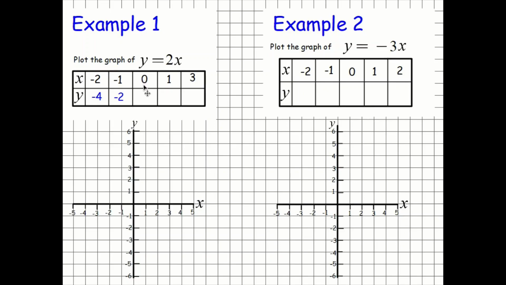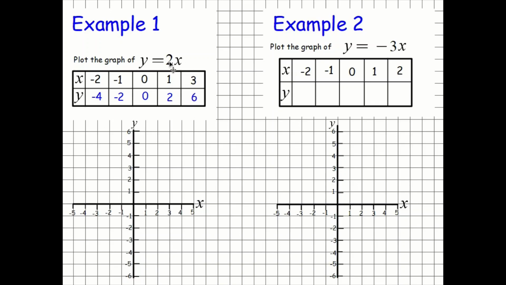If I put 0 into here, I'm going to do 2 multiplied by 0, which is just 0. If I put x is 1 into here, it's 2 multiplied by 1, which is just 2. And then if I put 3 into here, I get 2 multiplied by 3, which gives me 6.